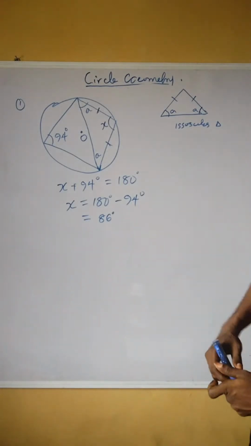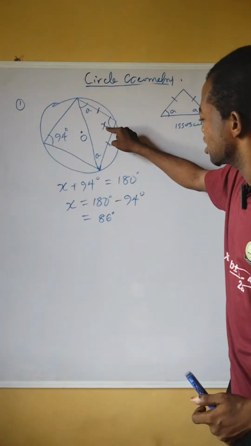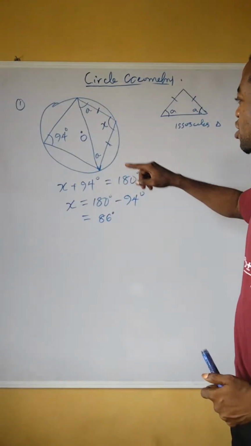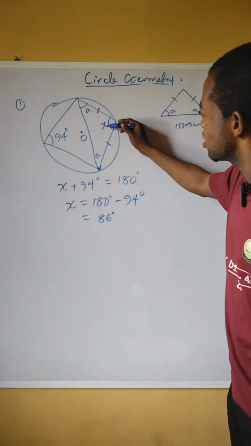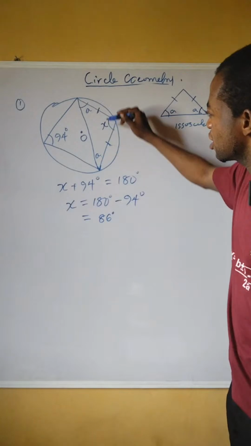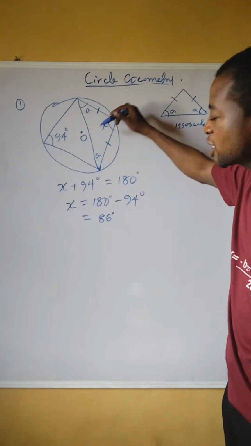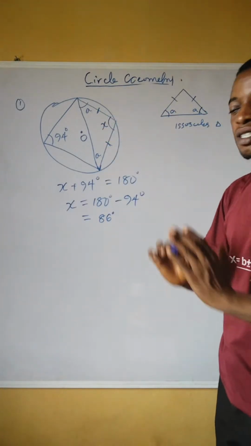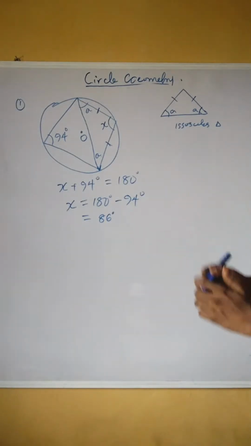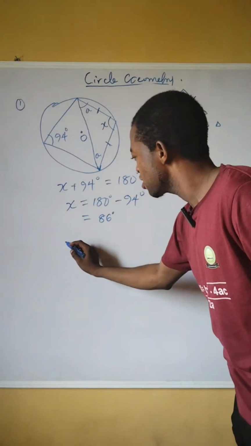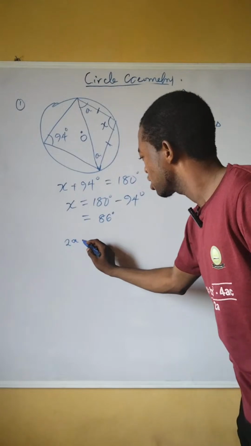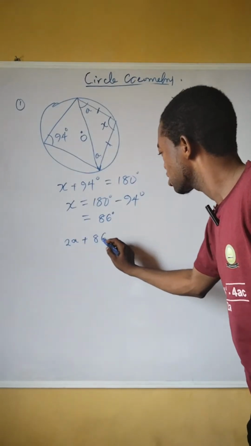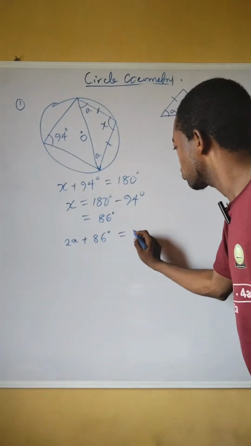And here, if x is now 86 degrees, it means that 86 degrees plus A plus A is the sum of angles in the triangle. That is, the three angles there sum up to 180. So 2A plus 86 degrees equals 180 degrees.